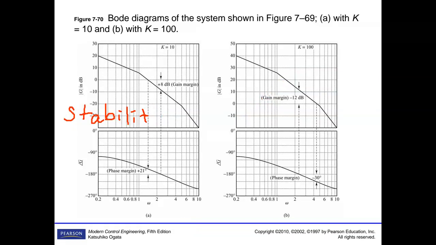For stability, gain margin and phase margin. Now gain margin is something like this. Look at that point, and also look at that point.